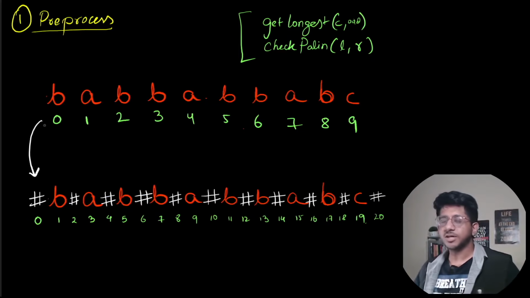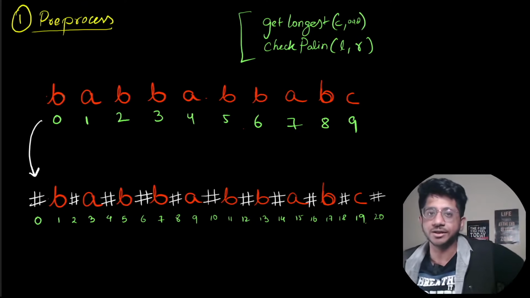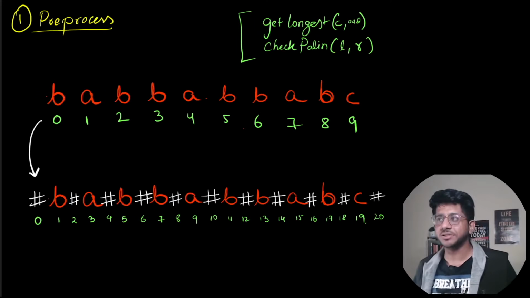So the first step of Manacher's is generally to do a pre-processing. This pre-processing is just to make the code a little easier, because odd centers and even centers behave a little differently in terms of the edge cases. For an odd center, you might have to handle the edge cases a little differently than for an even one.